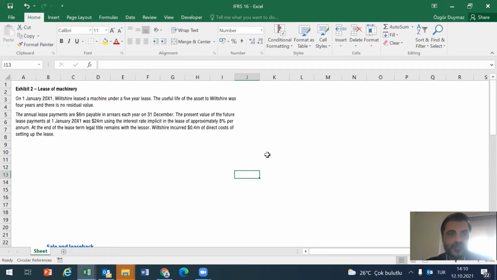The net present value of the future cash out was given as 24 million, but we don't need this figure because the implicit interest rate was already given as 8% per year.